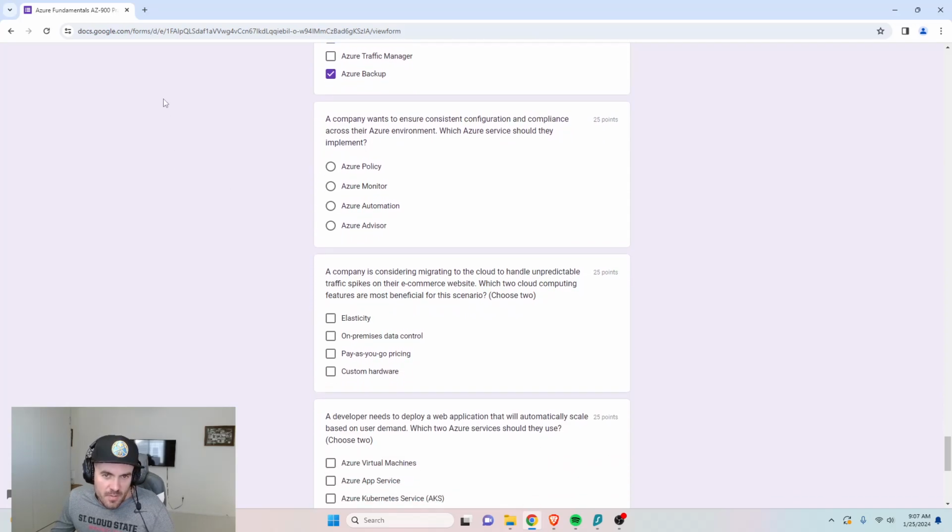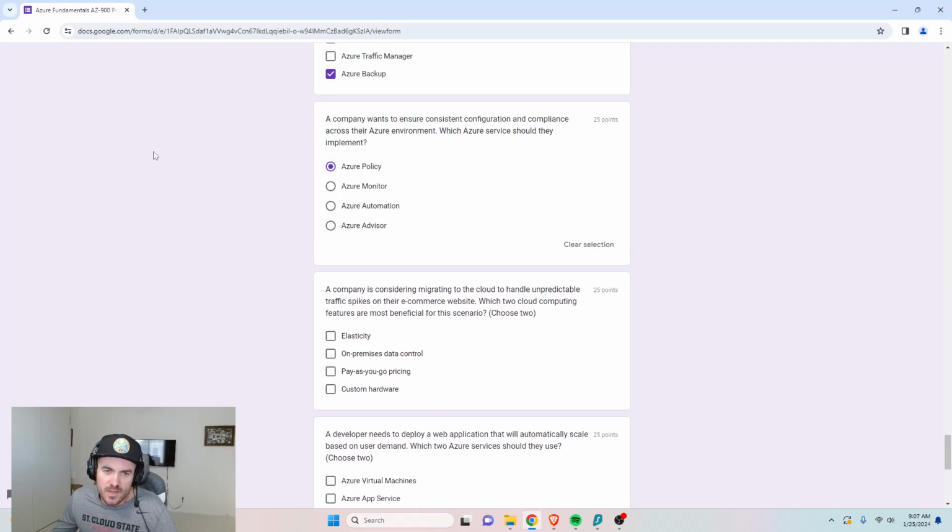Okay, a company wants to ensure consistent configuration and compliance across their Azure environment. Which Azure service should they use? All right, guys, pay attention to the keywords. Compliance. We're going to go with Policy because that is specifically for compliance.